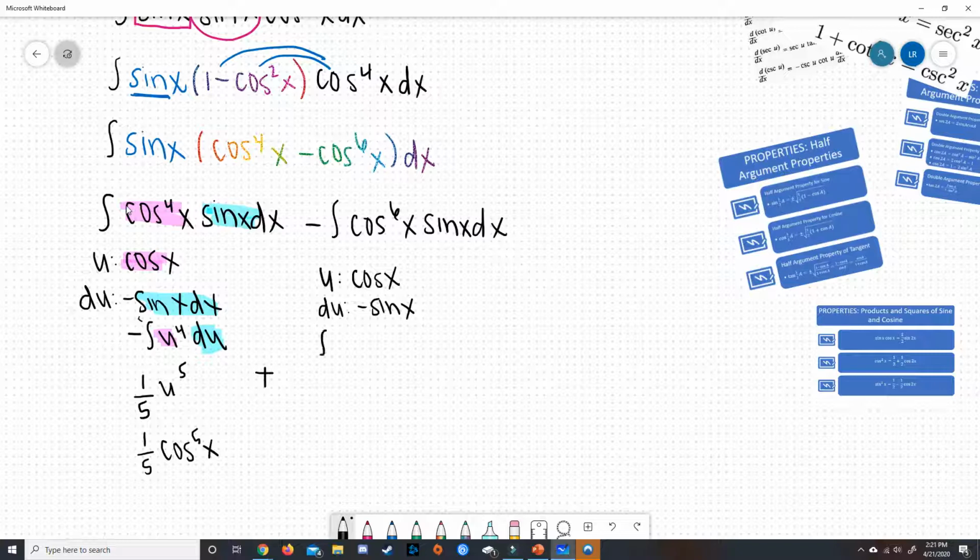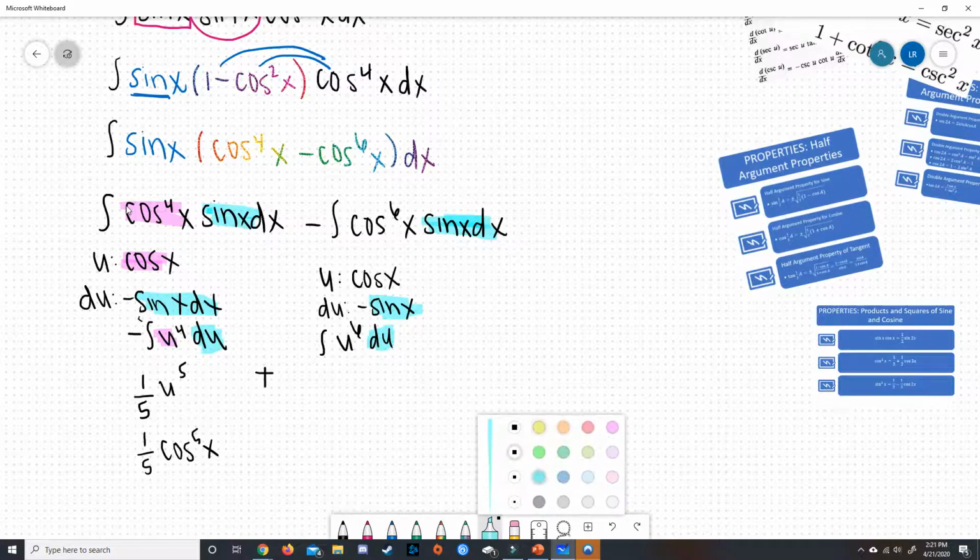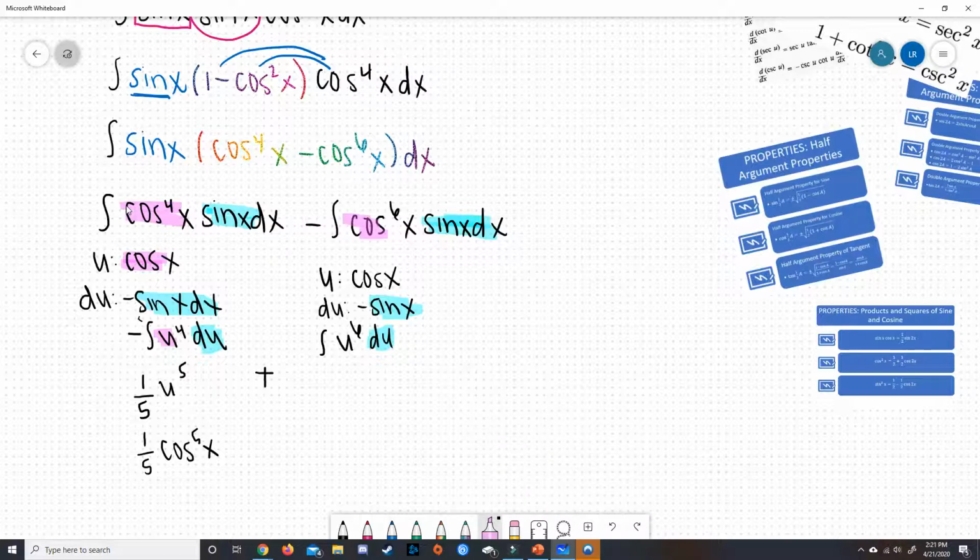We are going to integrate u to the sixth du, and where those come from is my du is here, and my u is the cosine of x piece of it. And now we just integrate by increasing the exponent and dividing by that new exponent. And don't forget to add the plus c.